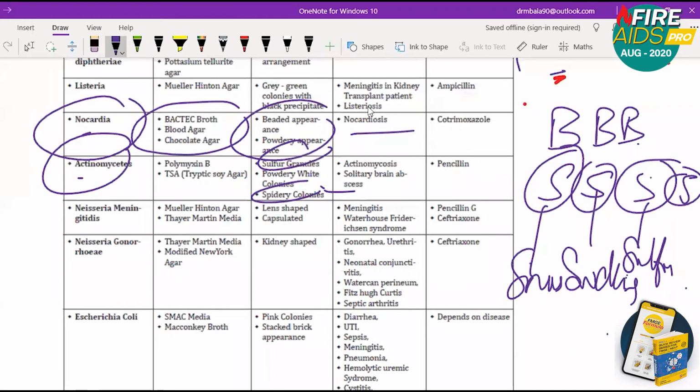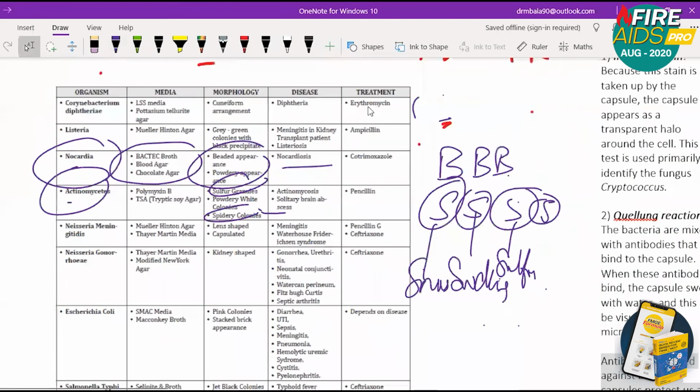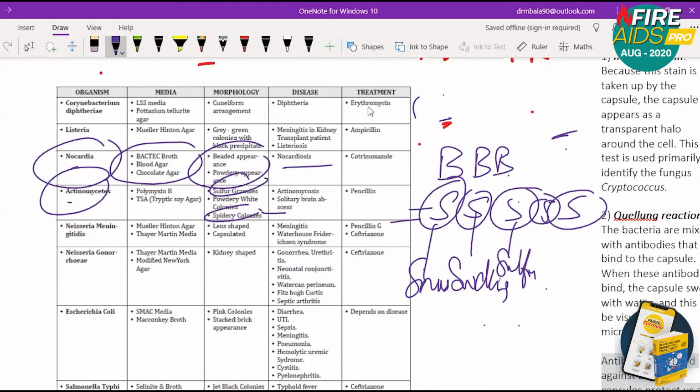And one more S I will add here, that is for soy agar. So 5 S you are going to remember for Actinomyces: sinus, swelling, sulfur granule, spidery colonies, and soy agar. Along with that, polymyxin B is something that you must remember. Polymyxin B and powdery white colonies.